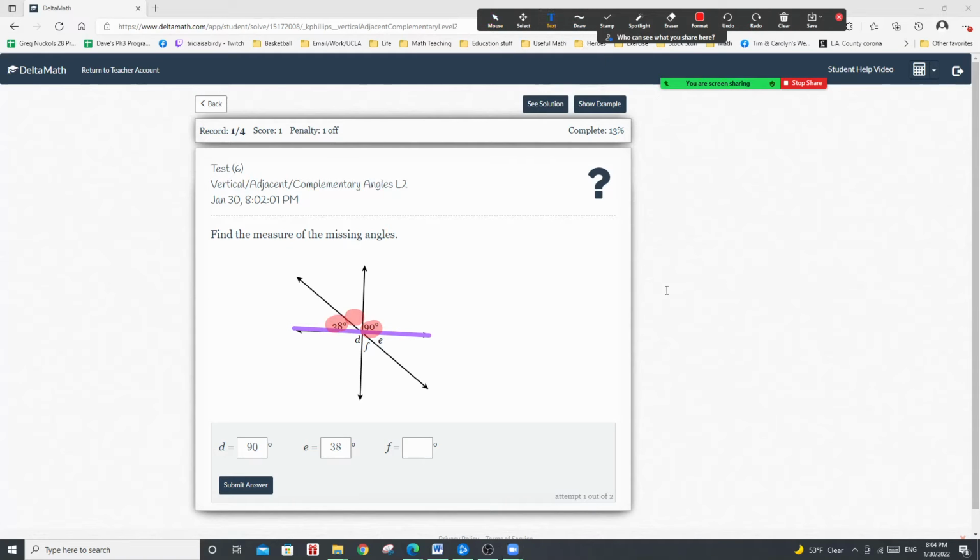So let's write an equation. 38 plus whatever is missing plus 90 equals 180. If we add it up, it's 128 plus whatever is missing equals 180. You subtract that, and your angle is equal to 52. This one's 52.